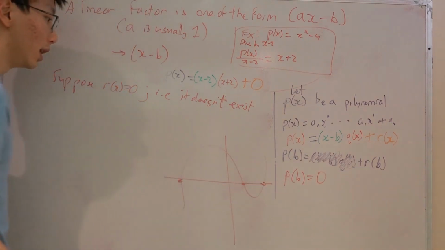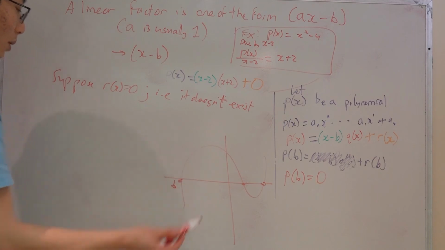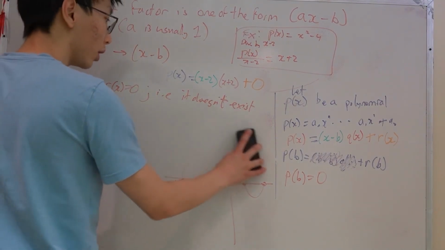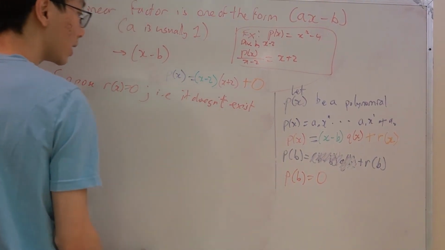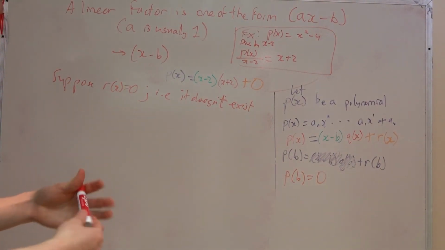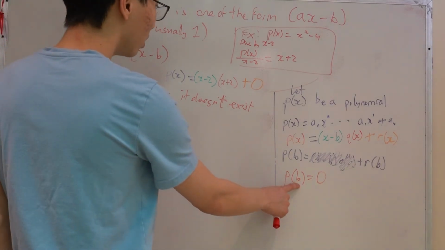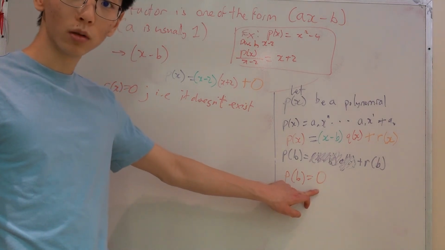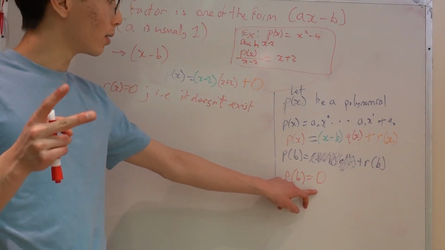P of b is equal to 0, where like this is b, for example. Okay? So this is absolutely extraordinary, because what this is saying is that if I plug in b into my polynomial and the result is 0, that tells me two things.